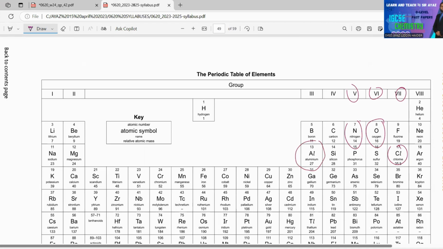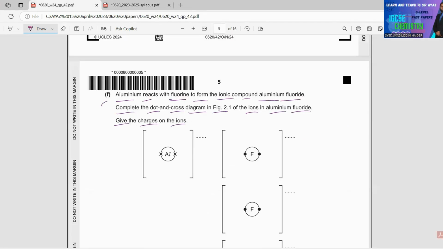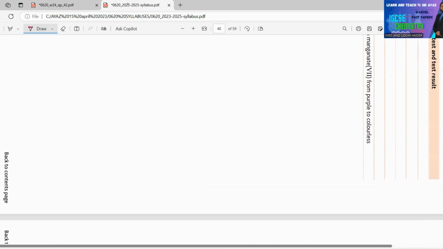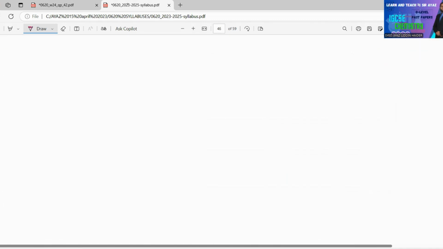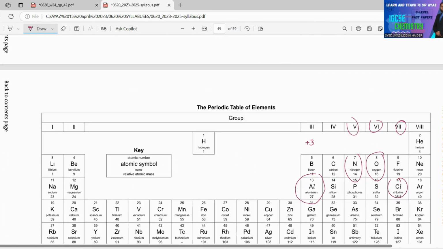And group 3 is a metal. It will form plus 3 ions by losing 3 electrons. And fluorine, the other element, is in group 7. Here's fluorine. They need 1 electron to complete their valence shell to form minus ion.